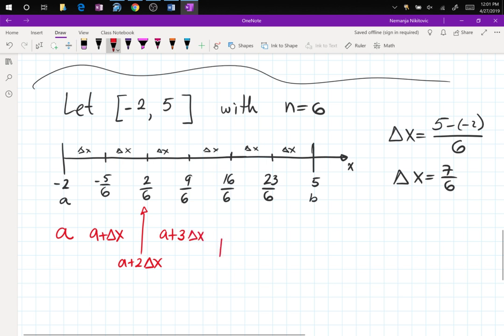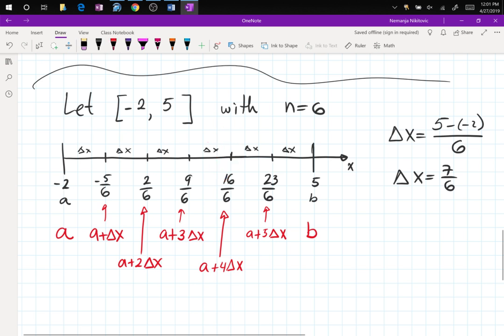And then we'll have the next one to be A plus 4 delta x, and then A plus 5 delta x to get to these. And then finally you have a B. If you pick any one of these, you see that you have exactly the number of delta x's spelled out to you. 1, 2, 3, 4 delta x's, and you get to this location.